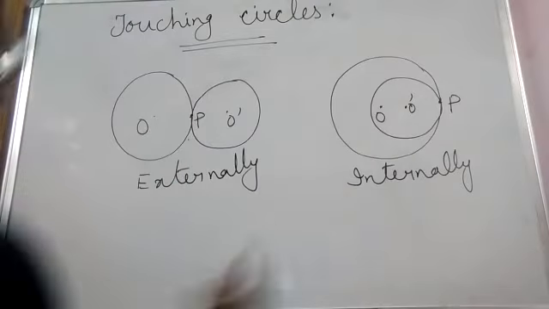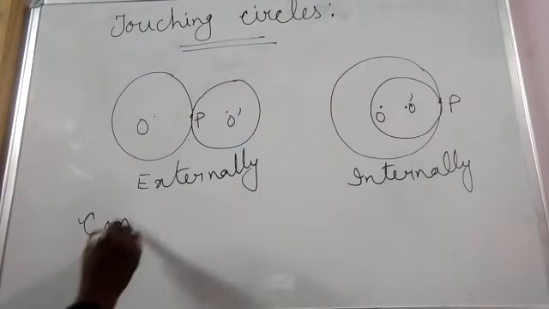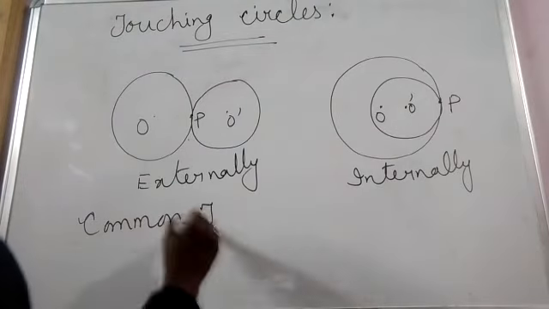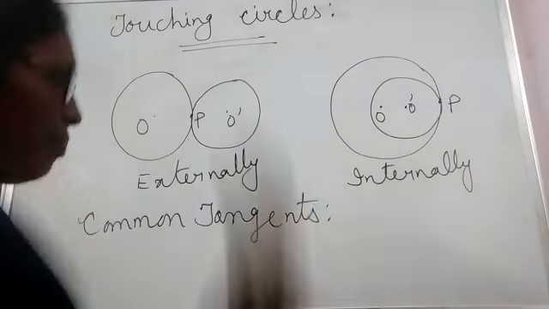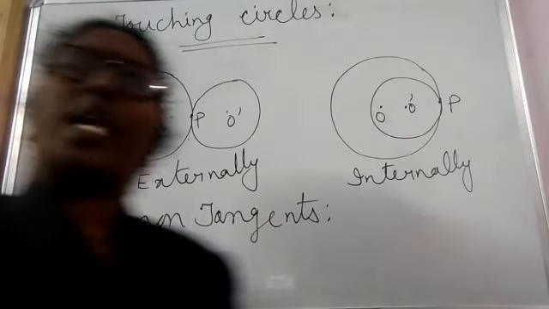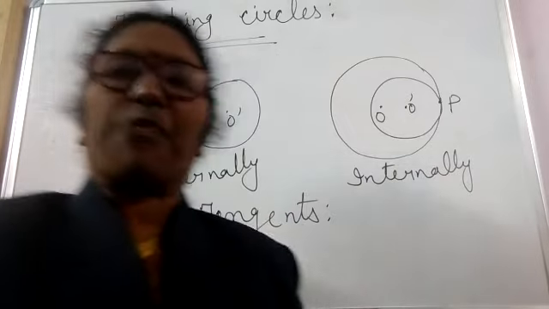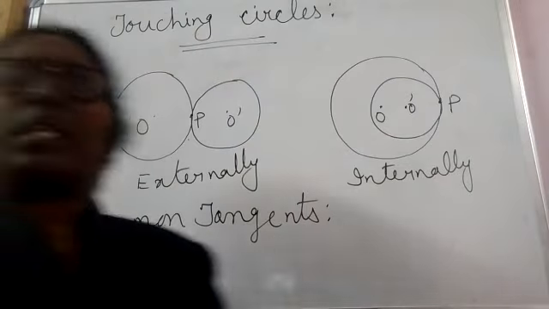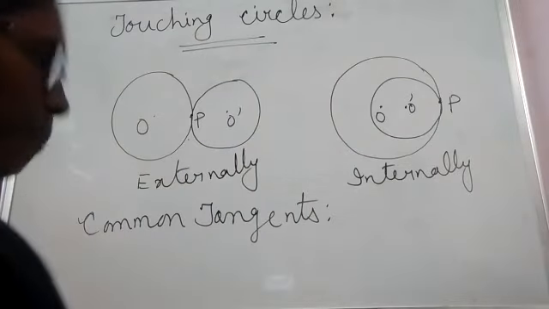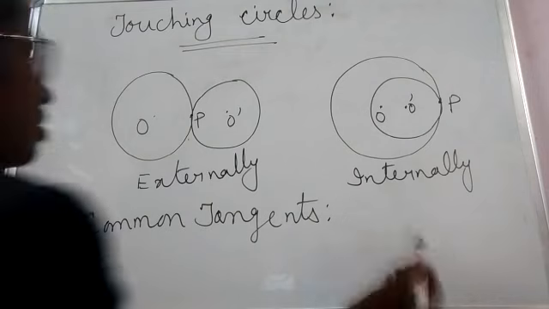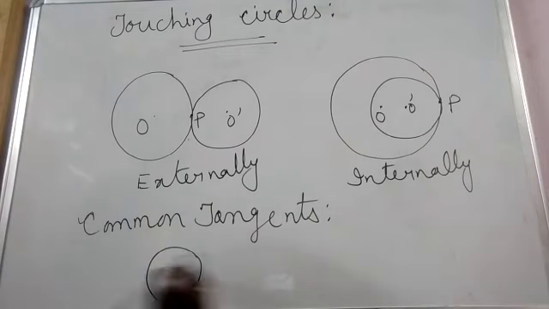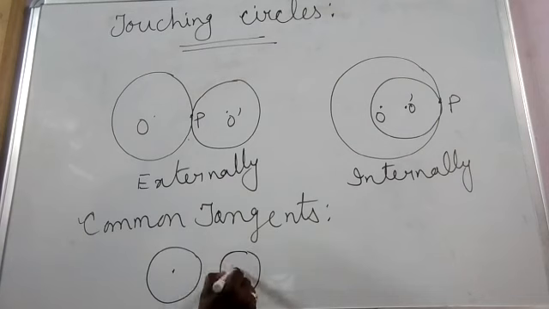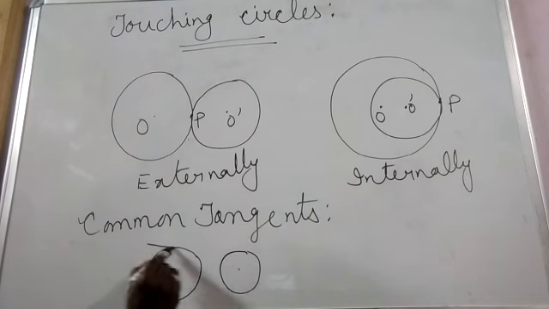Now let us know what are common tangents. A tangent is said to be a common tangent if the tangent touches two circles. Let us have this one circle, this another circle.